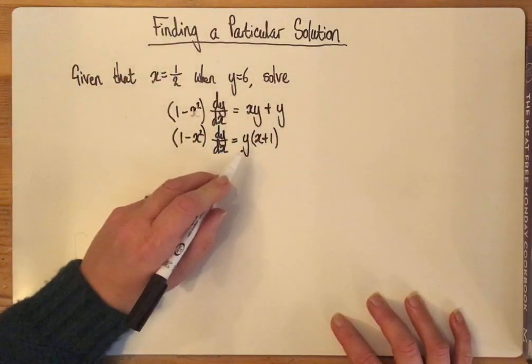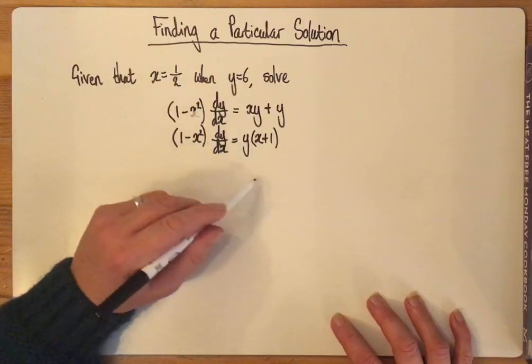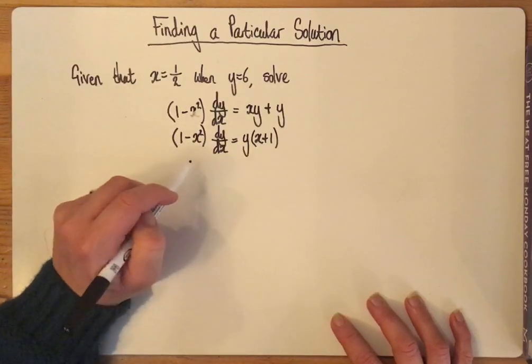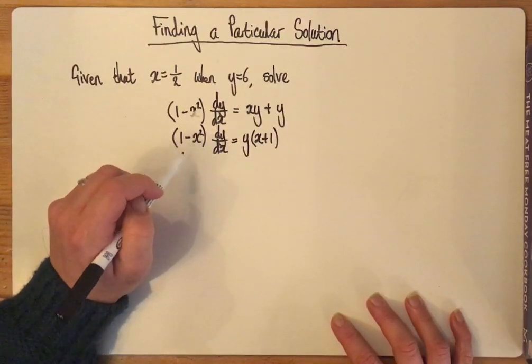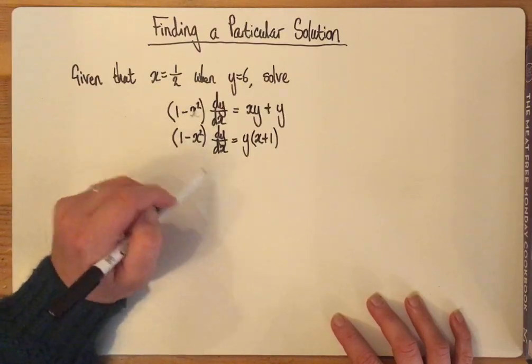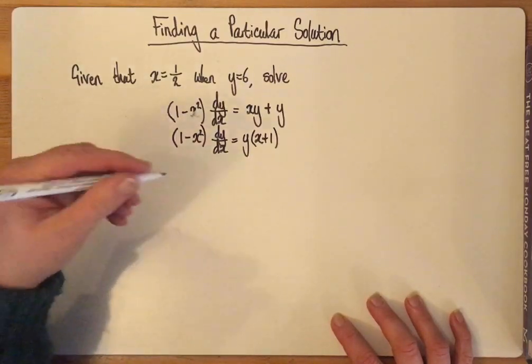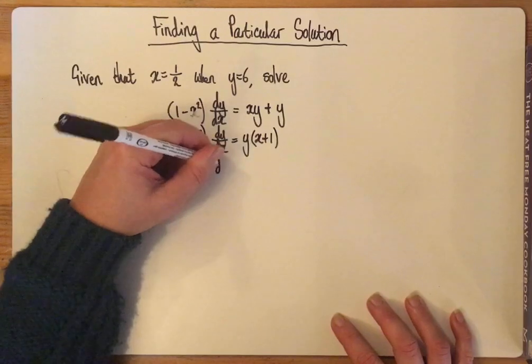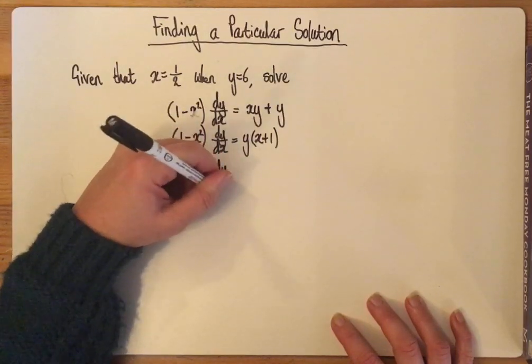And then I need to clear y's to the left-hand side and x's to the right. So I can divide through by y, and I can divide through by 1 minus x squared. I don't know, one step or two steps, whatever you feel comfortable with.